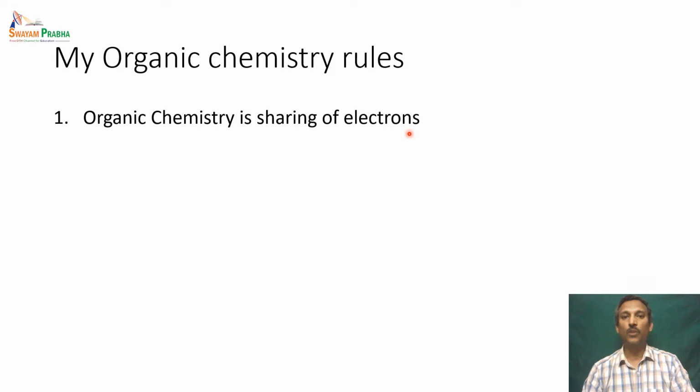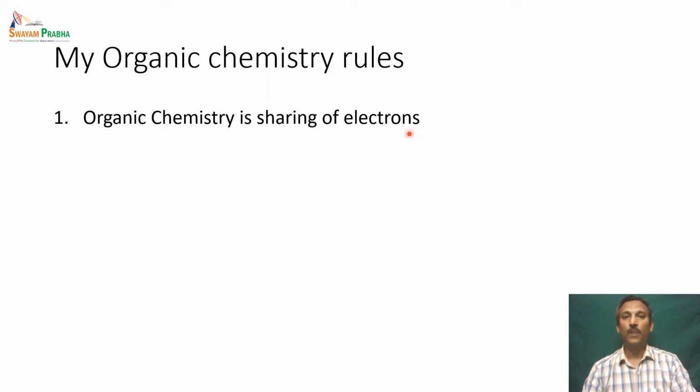So the actual bond is between carbon and magnesium and not between carbon and halogen. So here there is a change in electronegativity, due to which the carbon now becomes electron rich, or more electronegative compared to magnesium, the other part of the molecule.